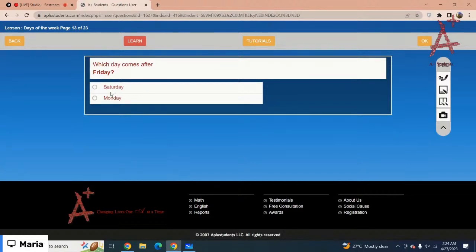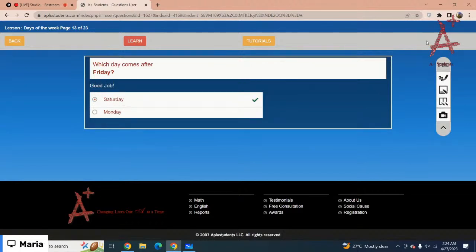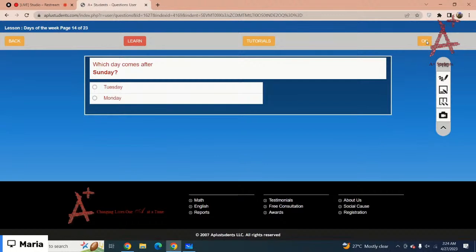It would be Saturday after the Friday. Which day comes after Sunday? After Sunday, we have, yes, that would be Monday right after Sunday.